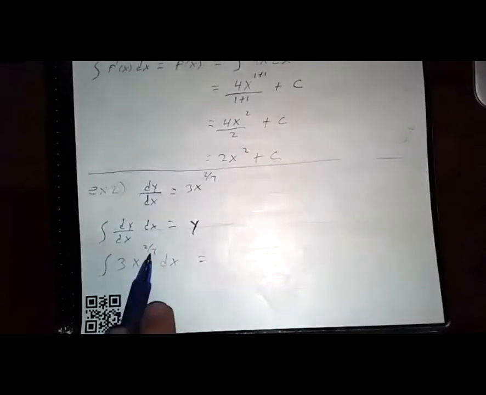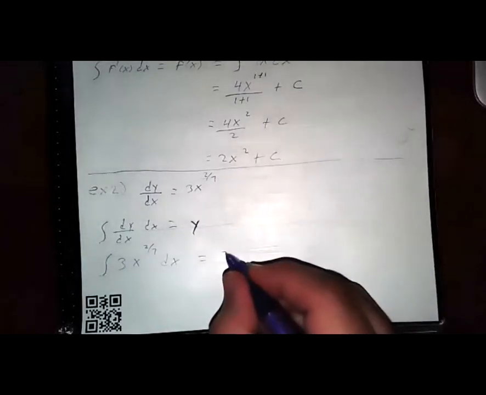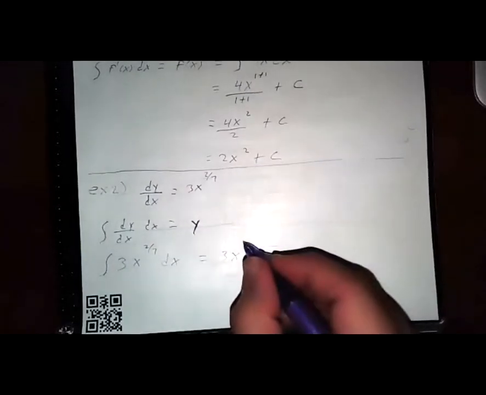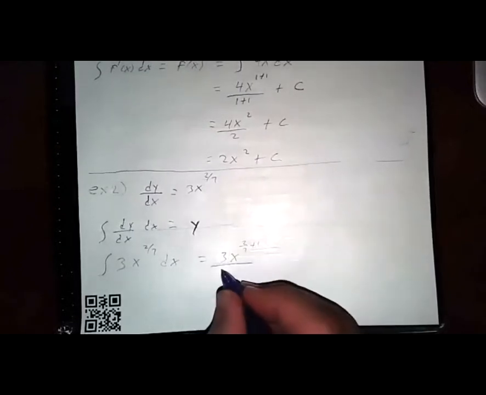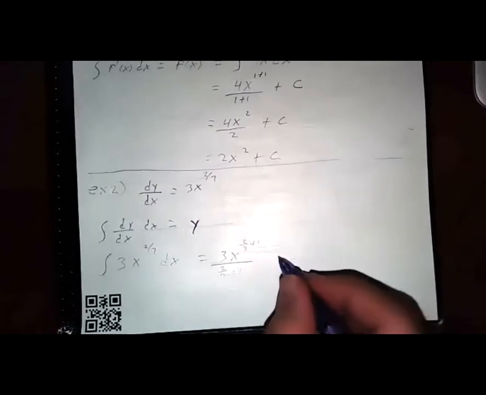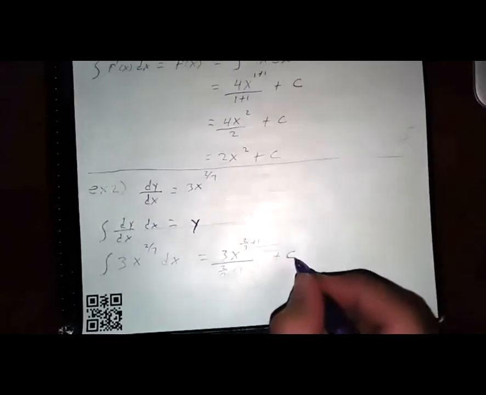So all we have to do is add 1 to this number and divide by the result. So we're going to have 3x to the 2/7 plus 1 over 2/7 plus 1, plus c, some general c.